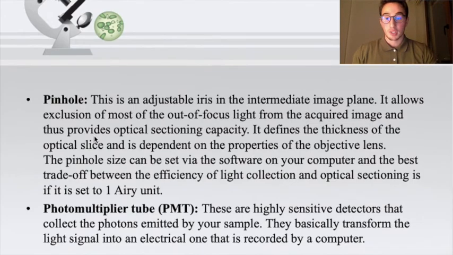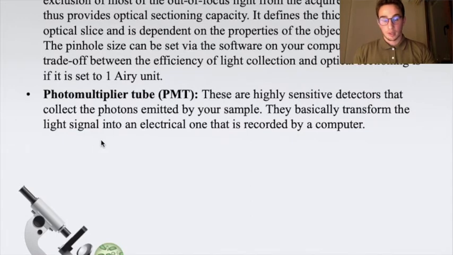And the most important part is the pinhole. This is an adjustable iris in the intermediate image plane. It allows exclusion of most of the out of focus light from the acquired image and thus provides optical sectioning capacity.